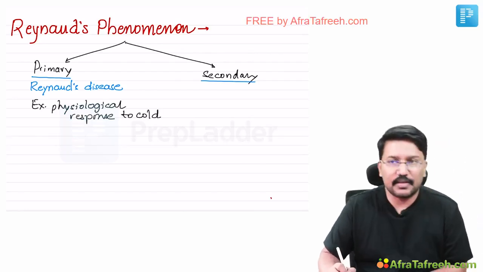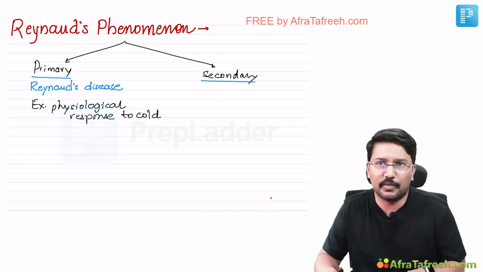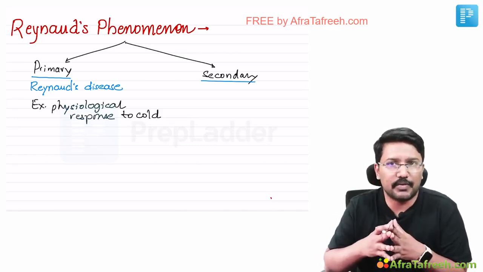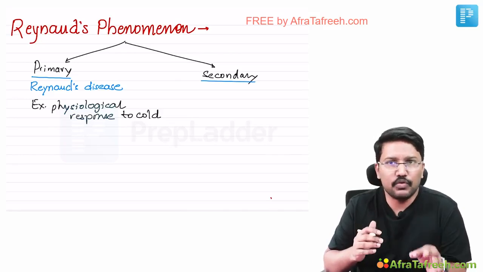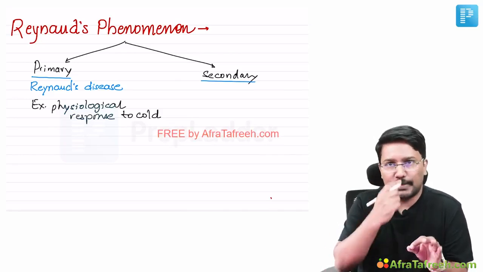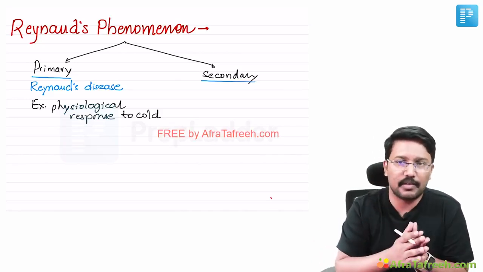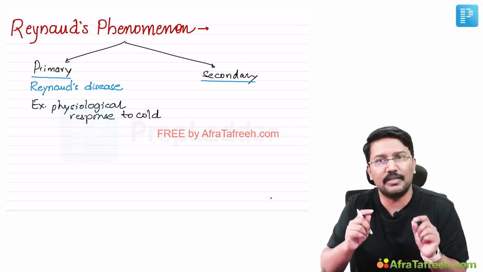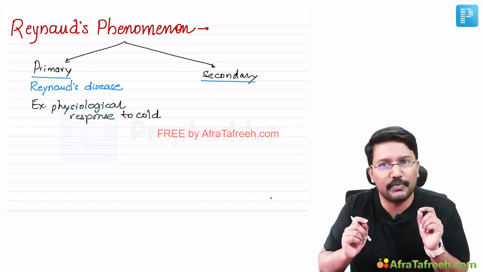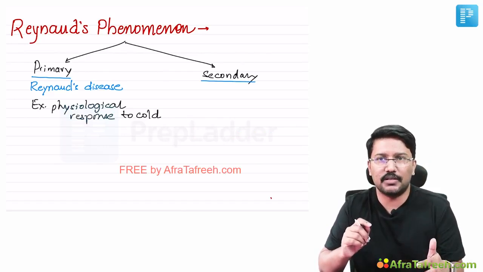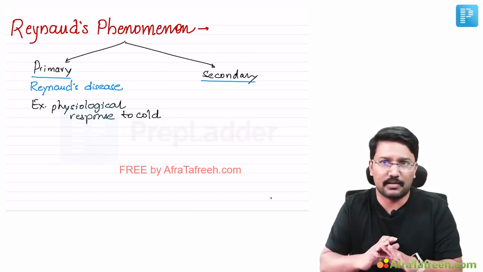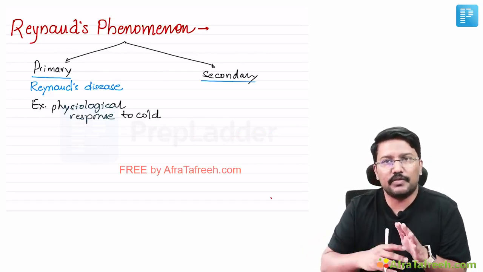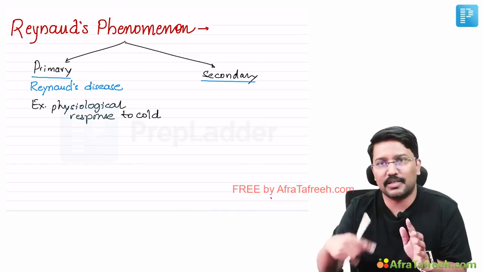Okay. Now, what happens when someone is experiencing Raynaud's phenomenon? They're basically experiencing certain symptoms. What are those? When they're exposed to cold, the first thing they notice is that the hands or acral parts become pale, and that is because of vasoconstriction, right? Vasoconstriction on exposure to cold causes pallor. After that, because the vasoconstriction is sustained, patients develop cyanosis.